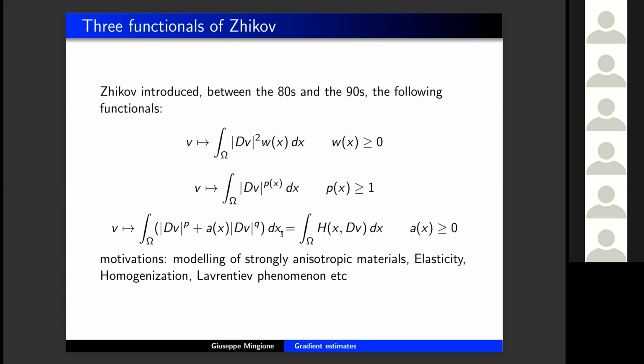So in some sense, this is a mixture of the two. Why is it a mixture of the two? Because it behaves as a weight in the first sense, but it also behaves as a variable exponent in the second case. So in this sense, the transition is faster in this case.